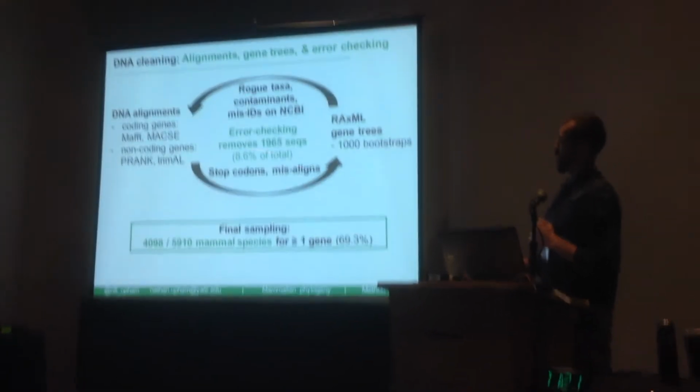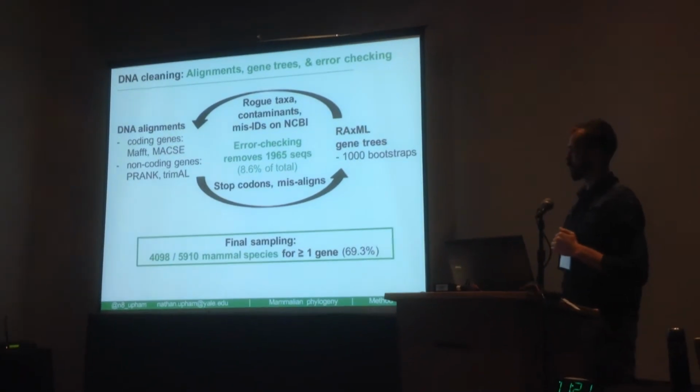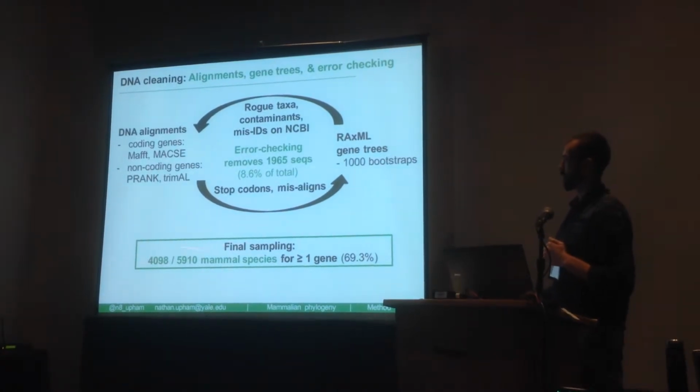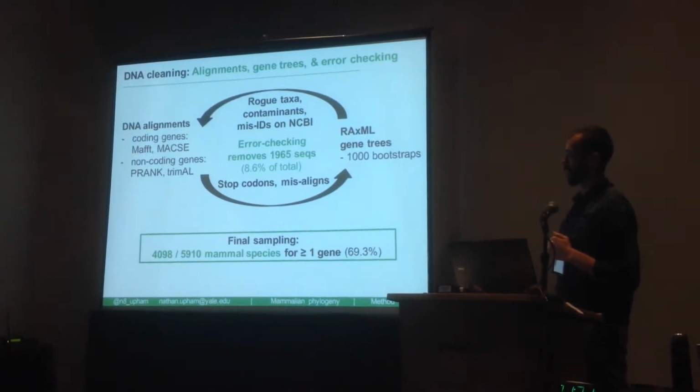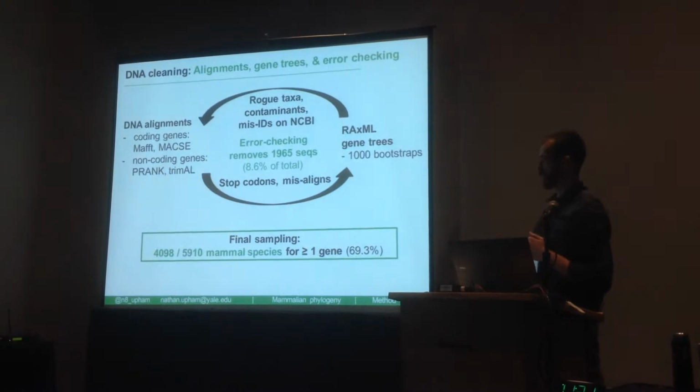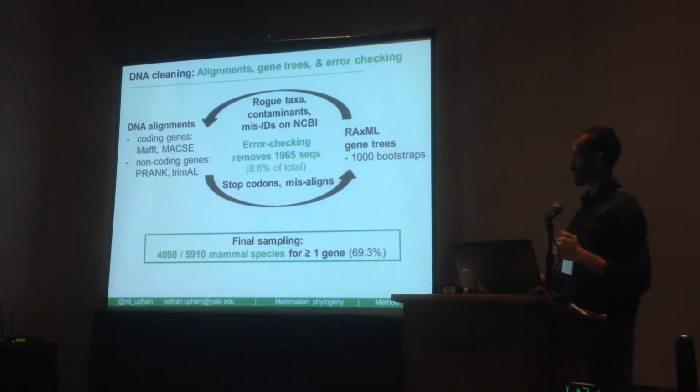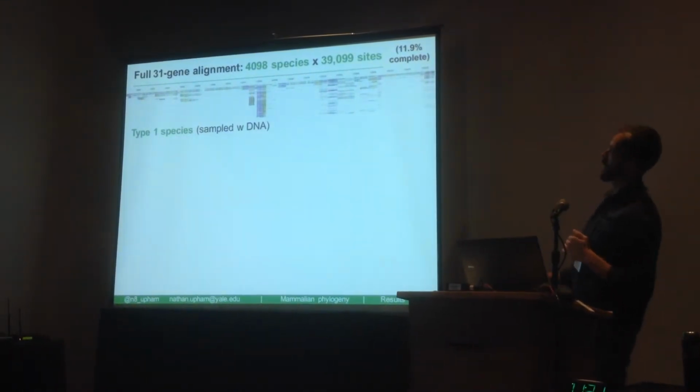So we ended up throwing out close to 2,000 sequences, and we ended up with this final sampling of 4,098 mammal species for greater than or equal to 1 gene.